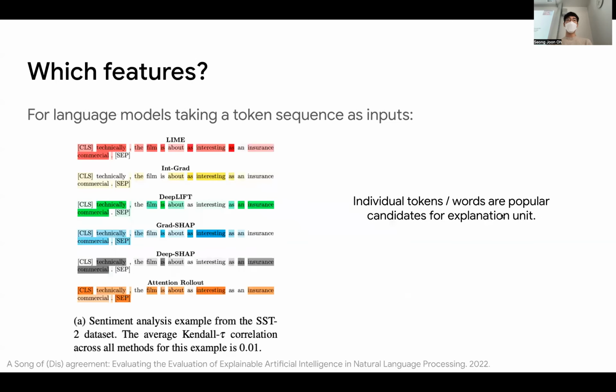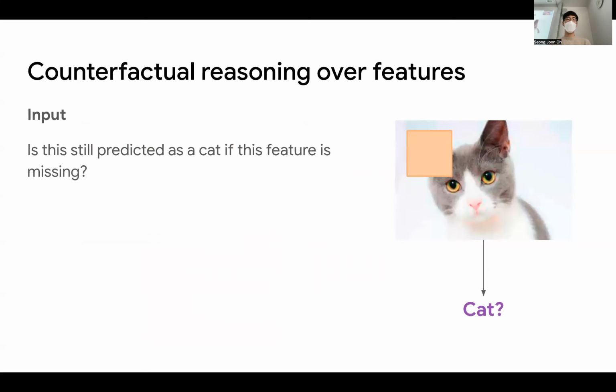So feature is a very general concept. For language models, you're taking a token sequence as input to the model. So in that case, you can think of the contribution of each token or each word towards the final decision. So for the natural language domain, people are doing attributions to words to analyze them.